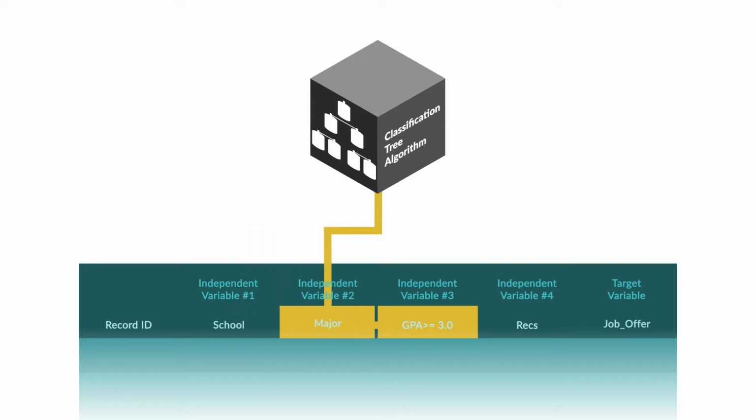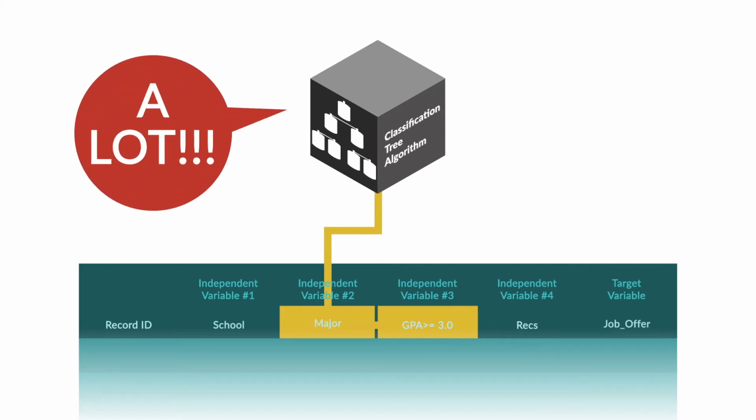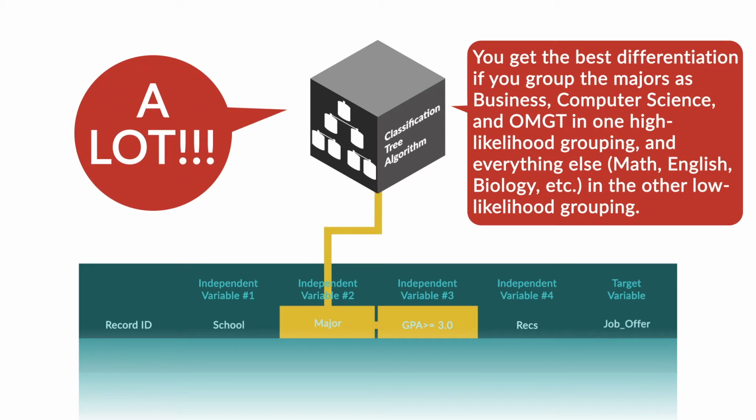We ask, if we only use the student's major for everybody with a GPA of 3.0 or better, how well would that predict the hiring of the student? It says a lot. You get the best differentiation if you group the majors as business, computer science, and operations management in one high likelihood grouping, and everything else, math, English, biology, etc., in the other low likelihood grouping.